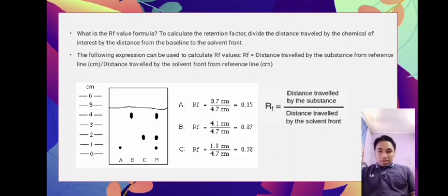The following expression can be used to calculate RF value. RF equals distance traveled by the substance from the reference line in cm over distance traveled by the solvent from reference line in cm.